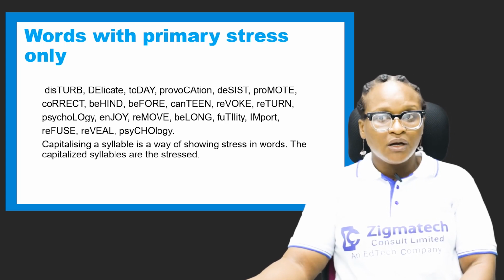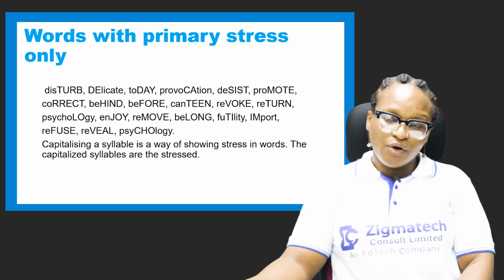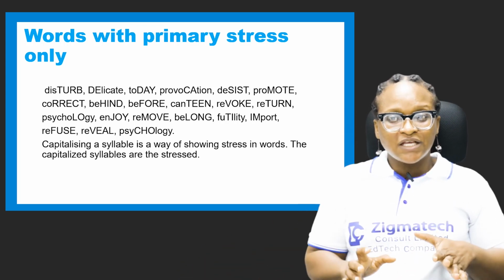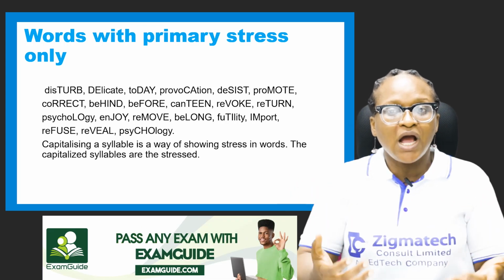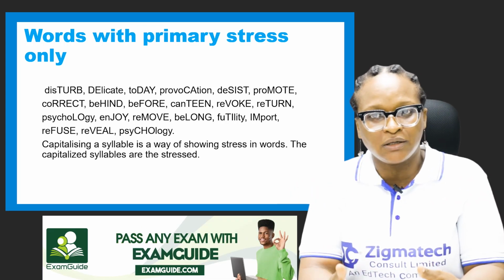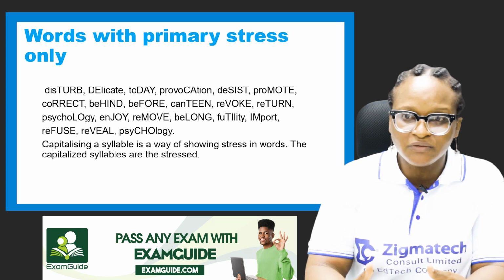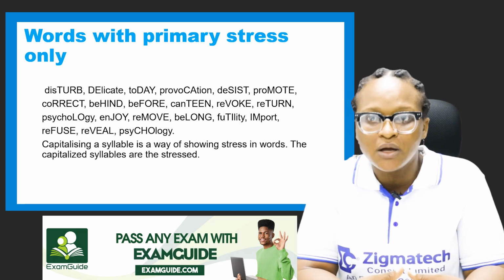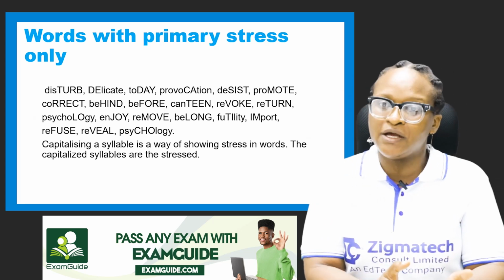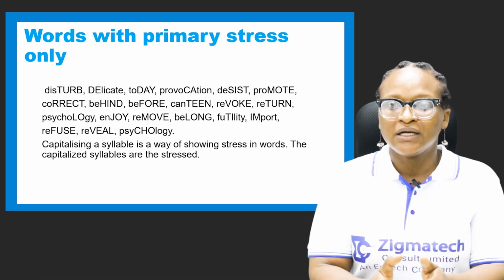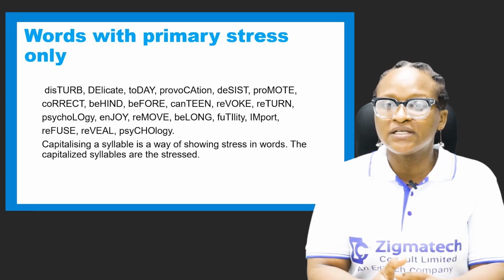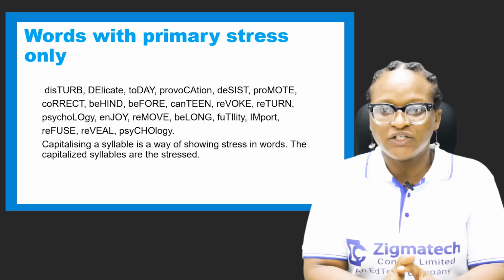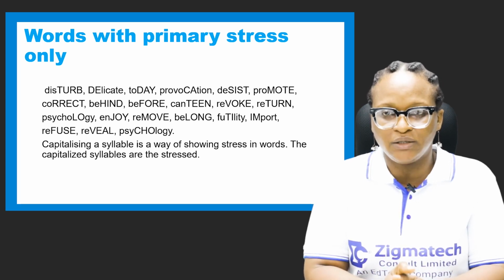That's a rule. So when you understand these rules, you run with it, so that when you get to the exam hall, it wouldn't be a case of pronouncing the words over. What you ask yourself: is it a noun? Is it a verb? Is it an adjective? Is it a preposition? So once it's a verb, the next thing you ask yourself is, is it a two-syllable word? If it's a two-syllable word, then it is stressed on the second syllable.